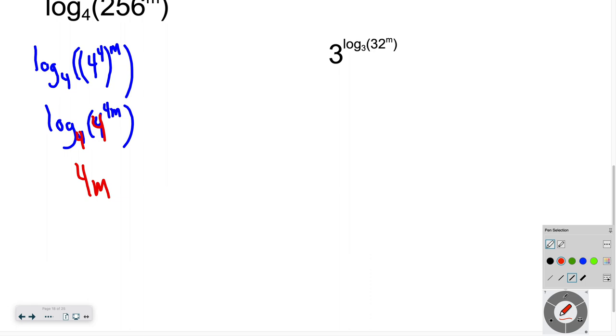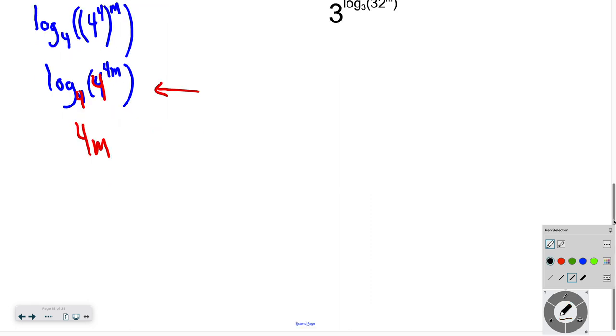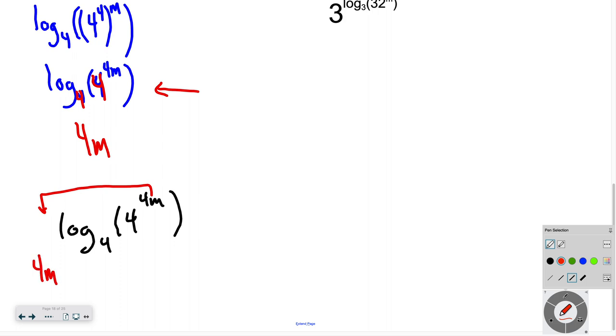Coming off of this line, before we go to that line, if we were looking at log base 4 of 4 to the 4m, instead of using that inverse property, we could also use the power property, where I take this exponent out front, and I have 4m times log base 4 of 4.